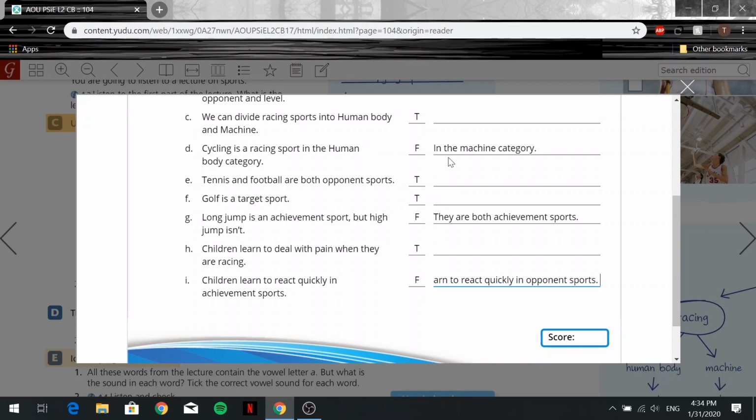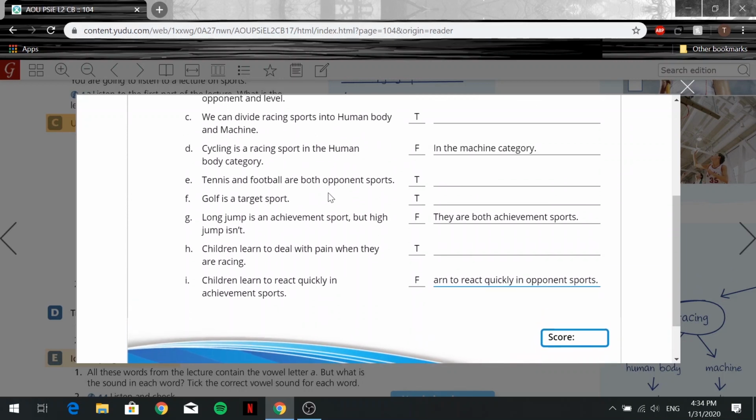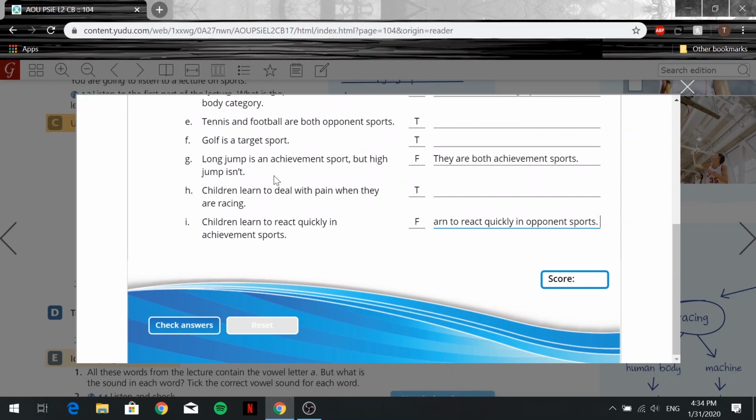D is false because cycling is in the machine category and not the human body. Okay, so machine category. E, tennis and football are both opponent sports. That's correct. Golf is a target sport. Correct as well. Long jump is an achievement sport, but high jump isn't. That's false. They are both achievement sports.